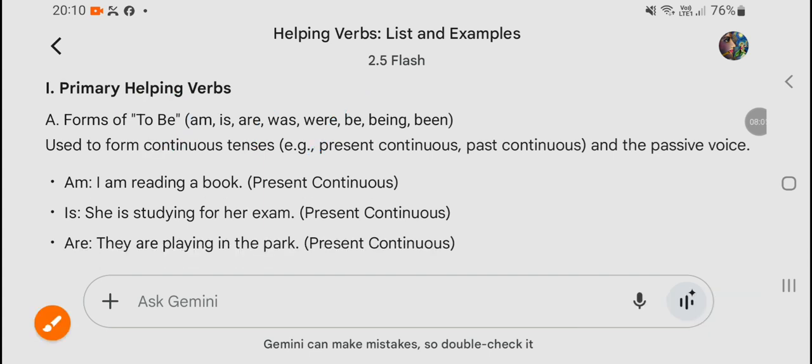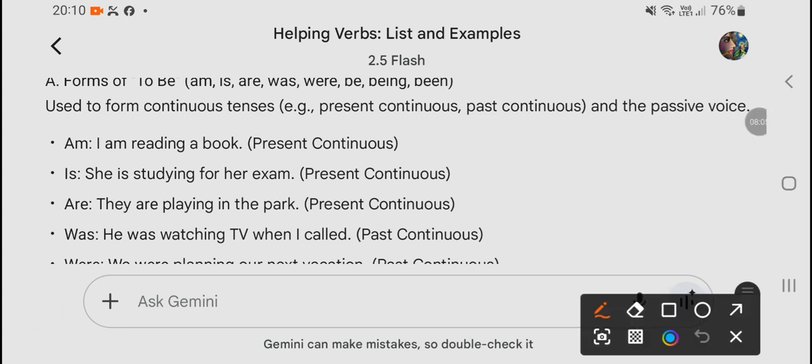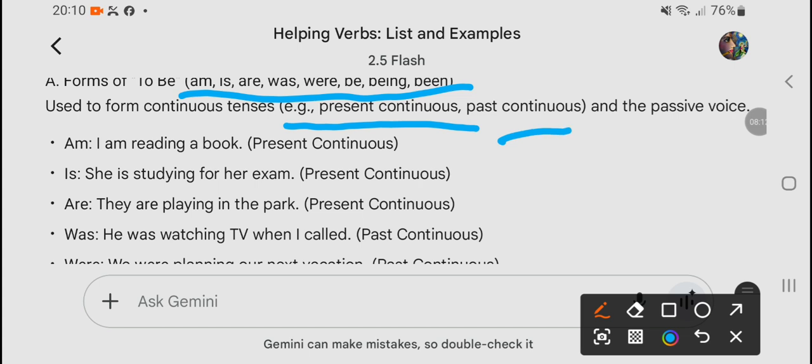And used to form continuous tense. And what is the use of these verbs? So these verbs are used for present continuous and past continuous, right? And even future continuous, right? So that is example they have given. Present continuous: I am reading a book, है ना?